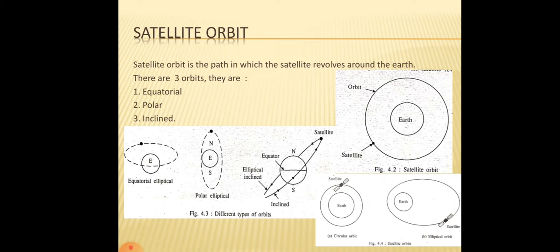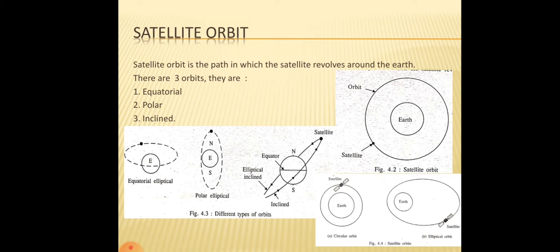Here in circular orbit, the speed of revolution is constant, meaning it will revolve around the earth at constant speed. In elliptical orbit, speed changes depending on the height of the satellite above the earth.